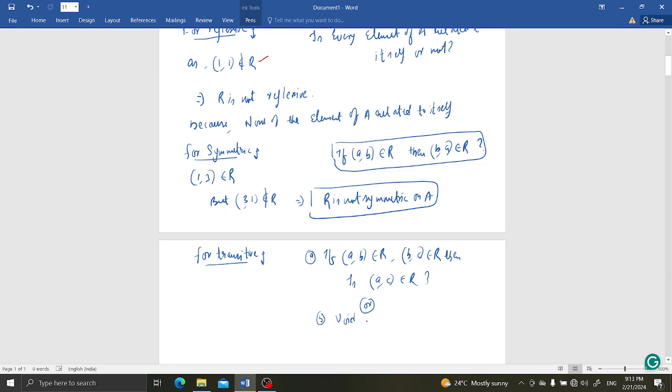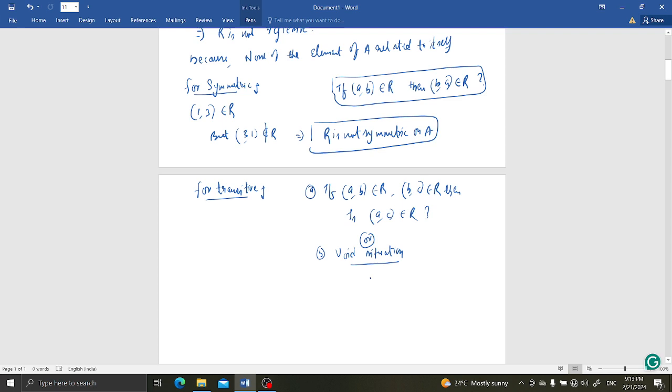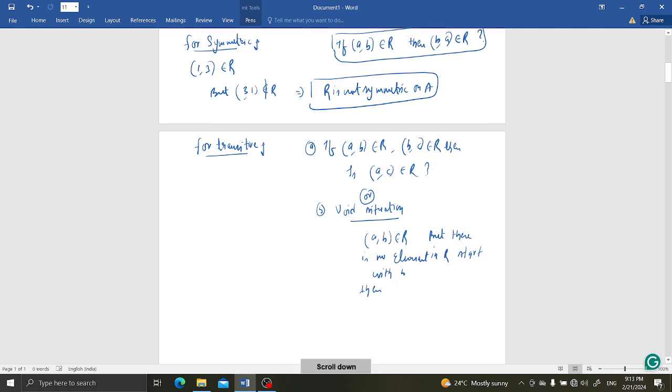One more condition we have, that is the void situation. In the void situation, suppose some relation contains (a, b) belonging to R, but there is no element in R starting with b, and it is true for each, then we say R is transitive also.